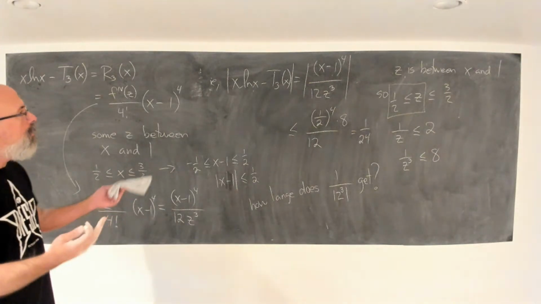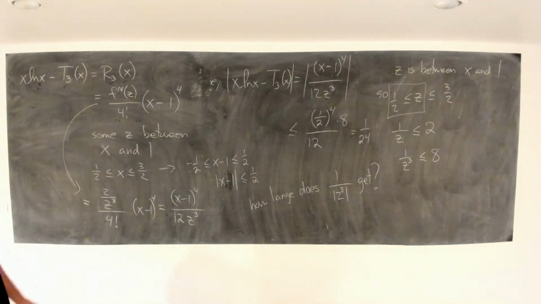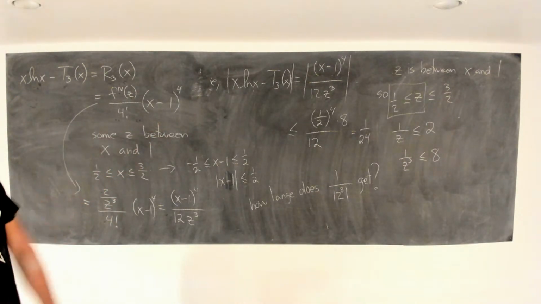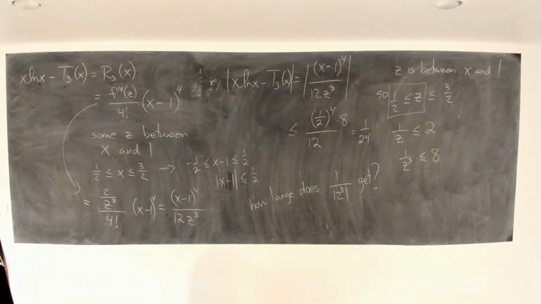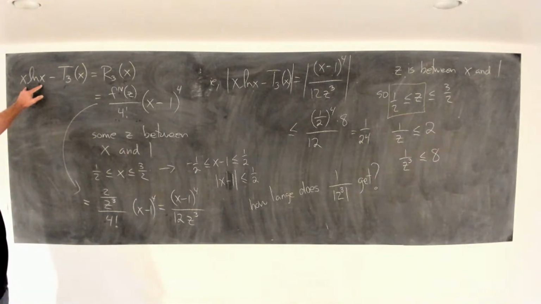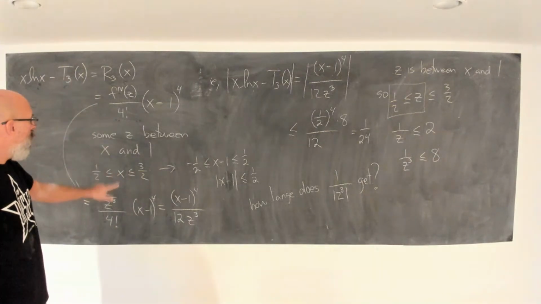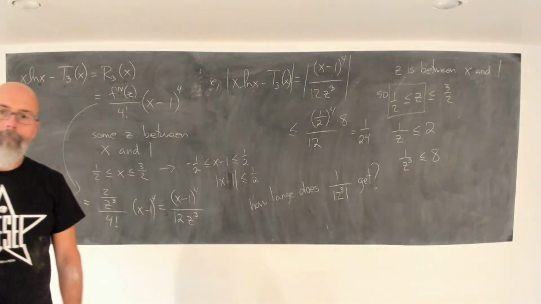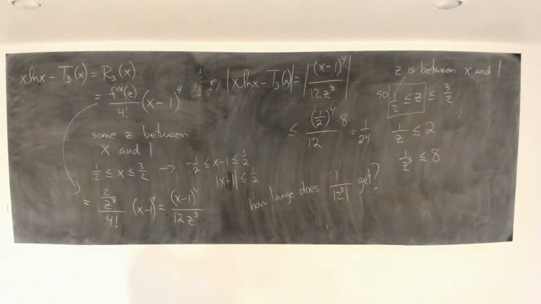So we have a nice upper bound of 1 over 24. The error is at most 1 over 24 if you use T3 to approximate x ln x for any value of x in this interval. It's very nice. It's very, very nice.